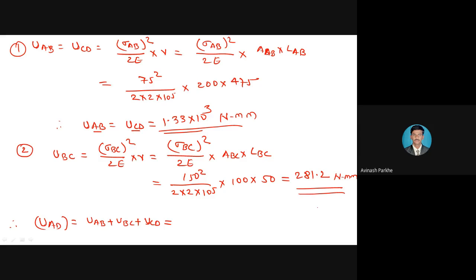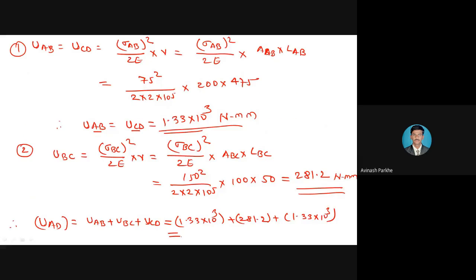Now, if I have to calculate the total strain energy, I have to make the addition of all three sections. So, for section AB, 1.33 into 10 raised to 3. This is for section 1 or AB plus section 2, 281.2. And again, section CD, 1.33 into 10 raised to 3.